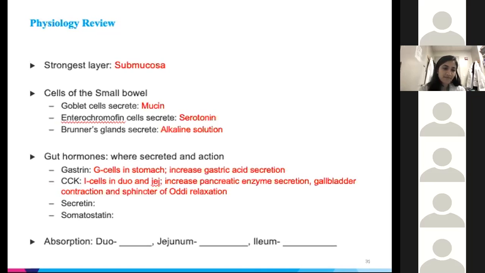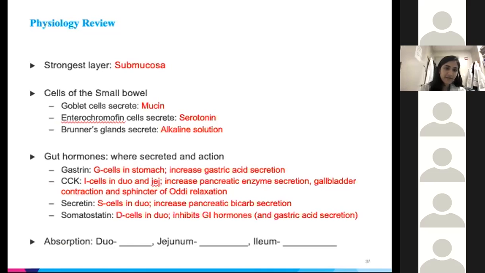Secretin, also secreted from the duodenum, from S cells, increases bicarbonate secretion. Yep. And somatostatin, from D cells, is inhibitory, a sort of global inhibition of GI hormones.